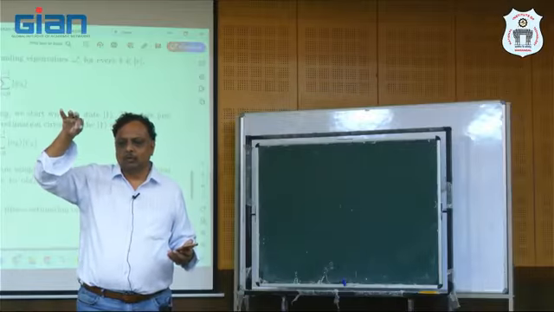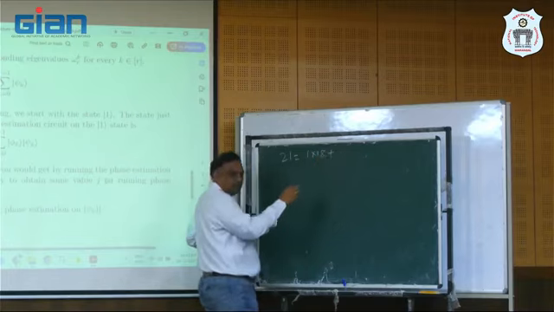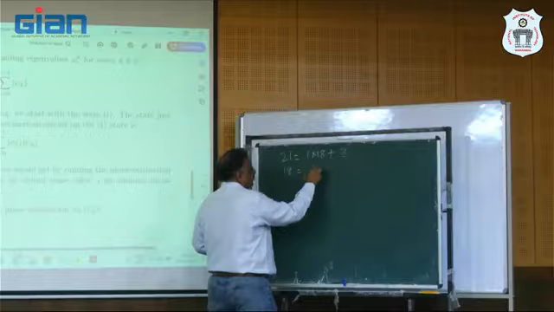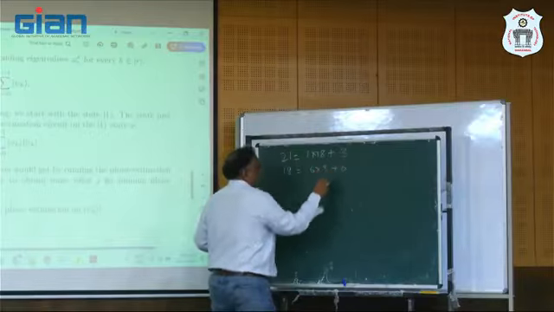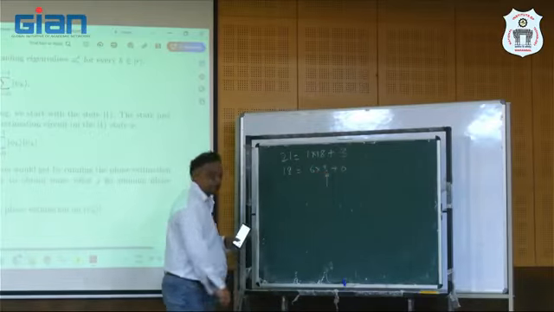Okay, let's see whether we get 3. So 21 equal to 1 into 18 plus 3, okay? So we repeat it on 18 and 3, correct? 18 equal to 6 into 3 plus 0. So 3 is the answer.